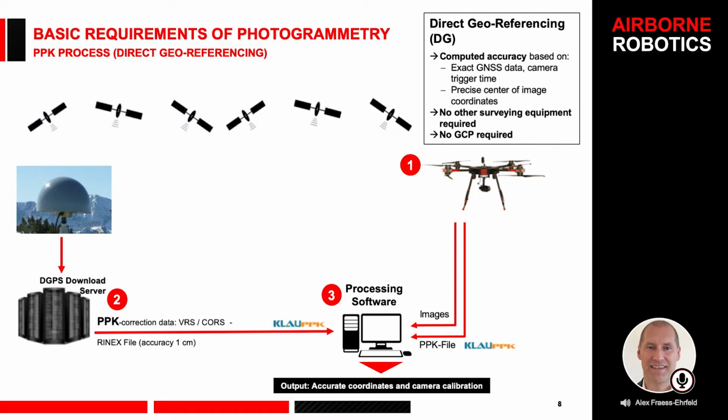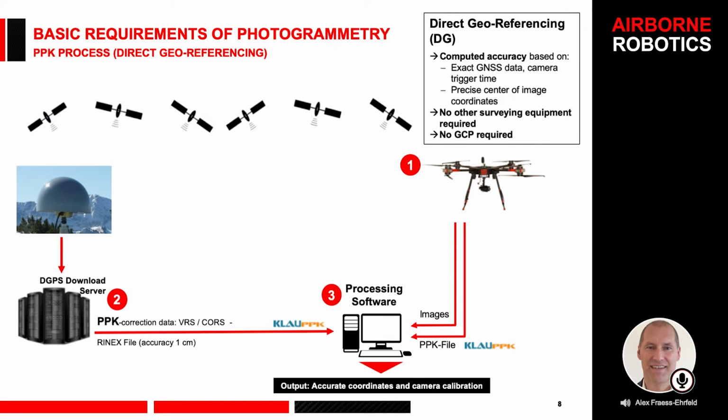And there is no other surveying equipment required, so you don't need any base station to survey any checkpoints or any control points, and there are no ground control points required at all. So all you need, and all you need to know, is you need to have a drone which is up to the standards of the surveying grade photogrammetry process, which delivers you the images from the aerial images and also the PPK file to the cloud software and the cloud hardware.